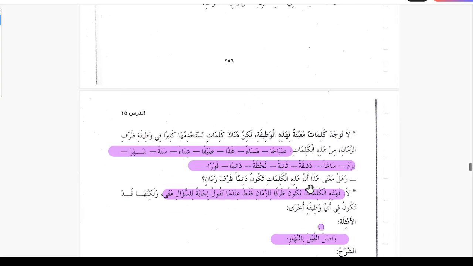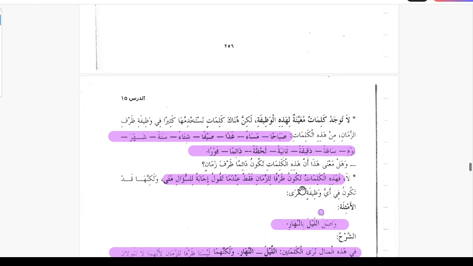"Wahal ma'na hadha anna hadhihi al-kalimati takunu daiman zarfu zaman?" So does that mean whenever these words come, they are going to be adverb of time? No. Because these are not specific to zarfu zaman. So anytime we see these words, it is not considered that they are zarfu zaman, because they are just general words, but are normally used for zarfu zaman.